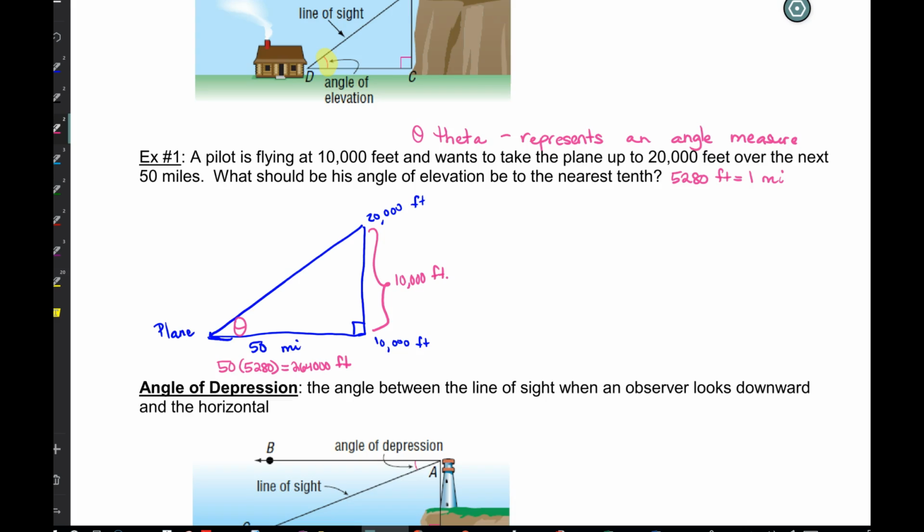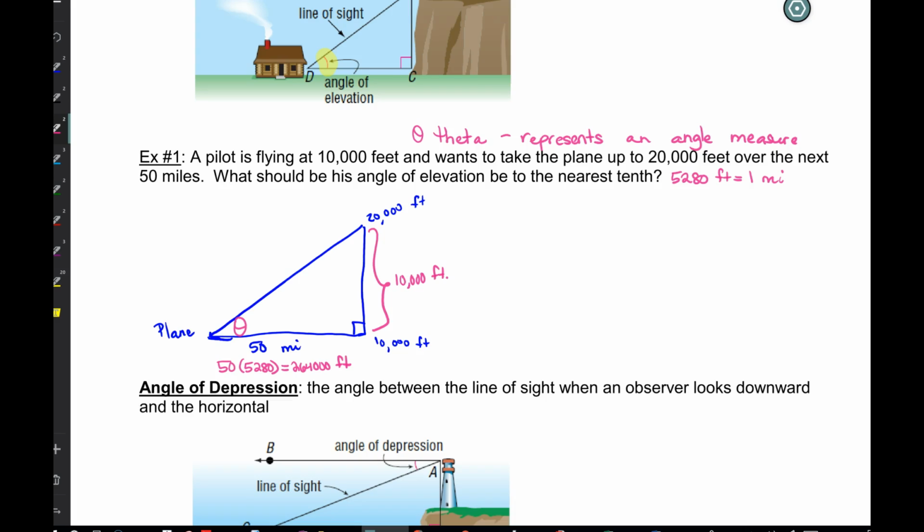Now, I want to go back to SOHCAHTOA. Sine, cosine, or tangent. In relation to this angle theta, what do I want to use? Well, I have the opposite side, and I have the adjacent side. I don't know the hypotenuse. Could I use the Pythagorean theorem and find the hypotenuse? Yes.